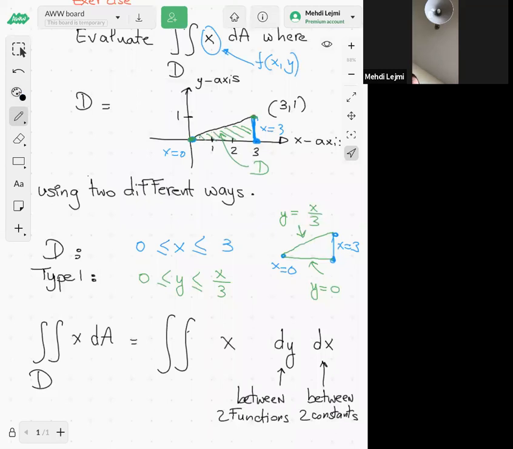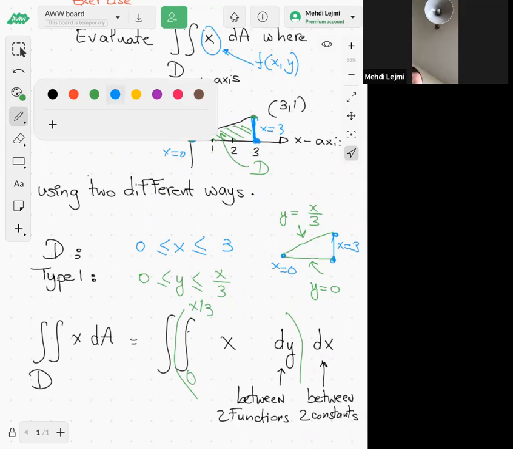So y, we said, is between 0 and x over 3. So here's my 0, here's my x over 3, and x is between the two constants, 0 and 3. Right. So we know how to compute the double integral.